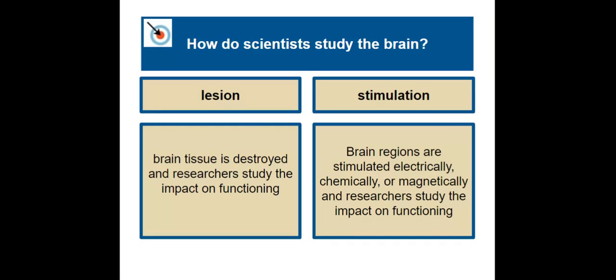There's two different ways that scientists study the brain. One is called a lesion. A lesion is where brain tissue is destroyed, surgically destroyed. Basically, destroying certain parts of brain tissue causes certain types of reactions in the human subjects.